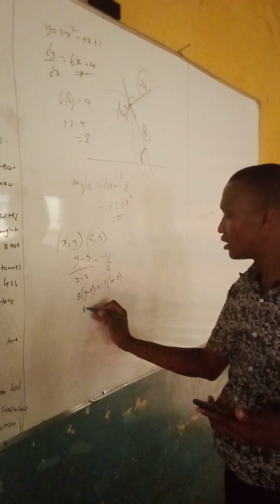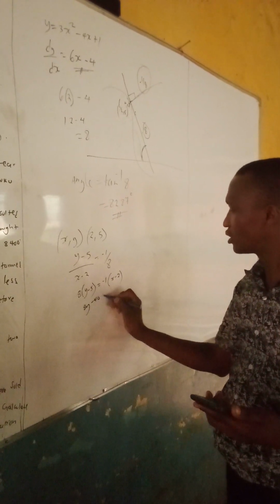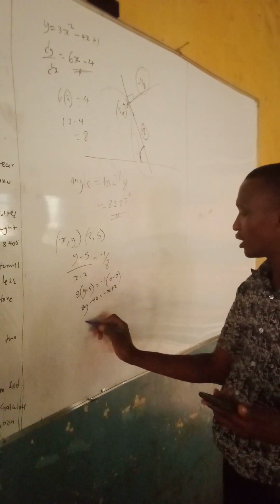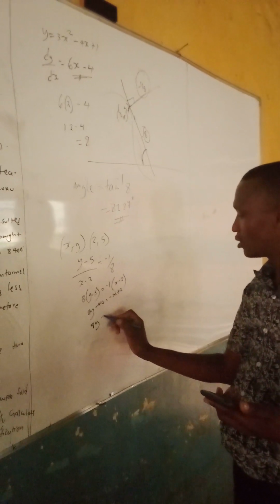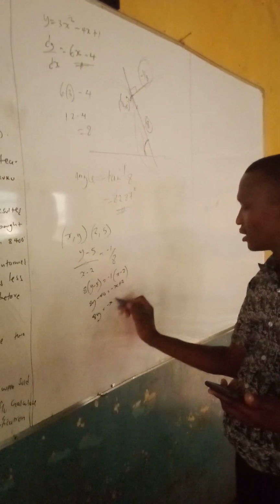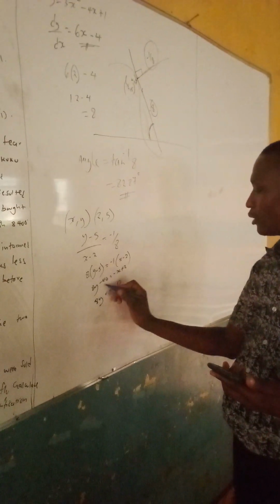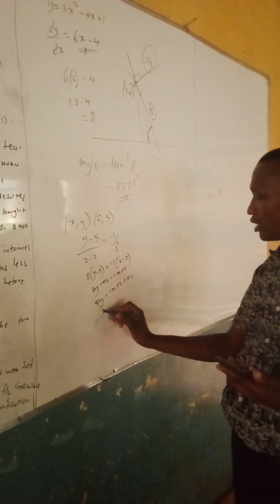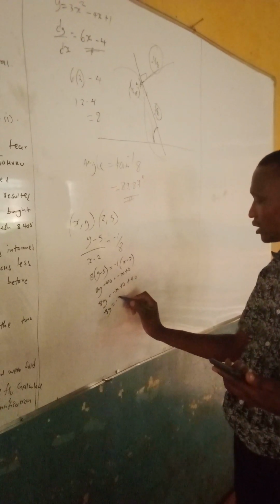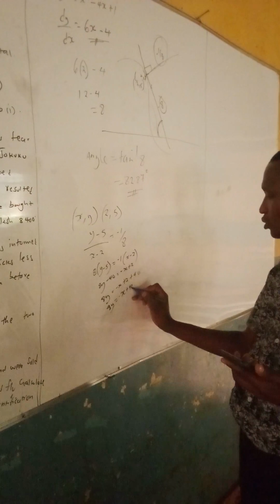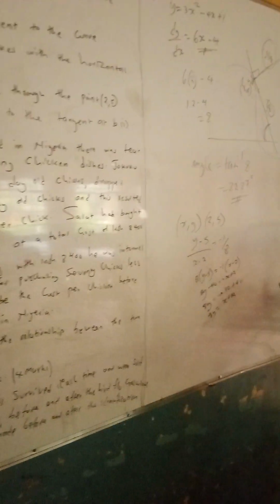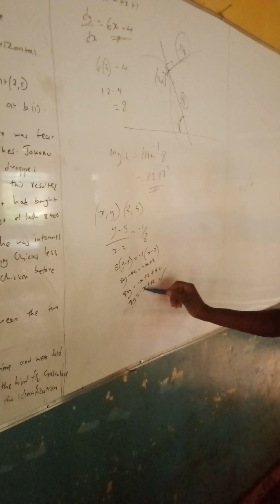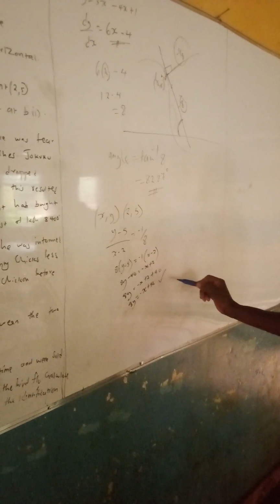In this case, 8y minus 40 equals negative x plus 2. When you bring negative 40 across the equation, it will be plus 40. So it becomes 8y equals negative x plus 42. So the equation of the normal is 8y equals negative x plus 42.